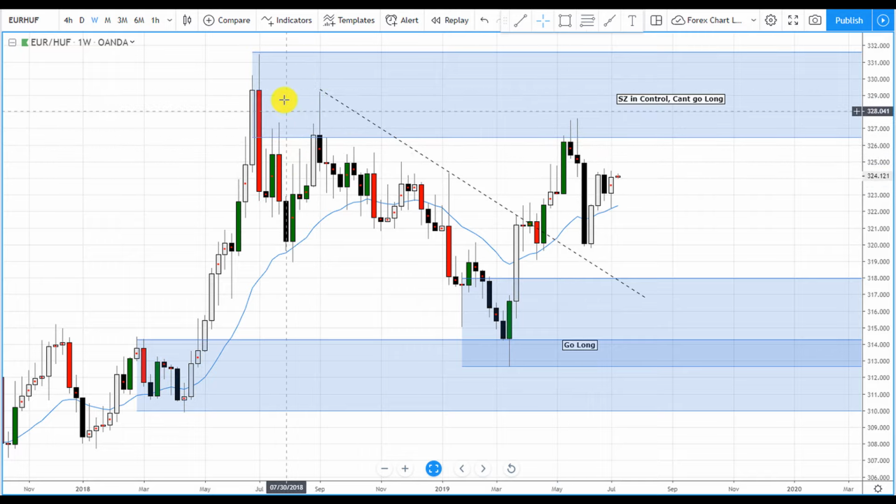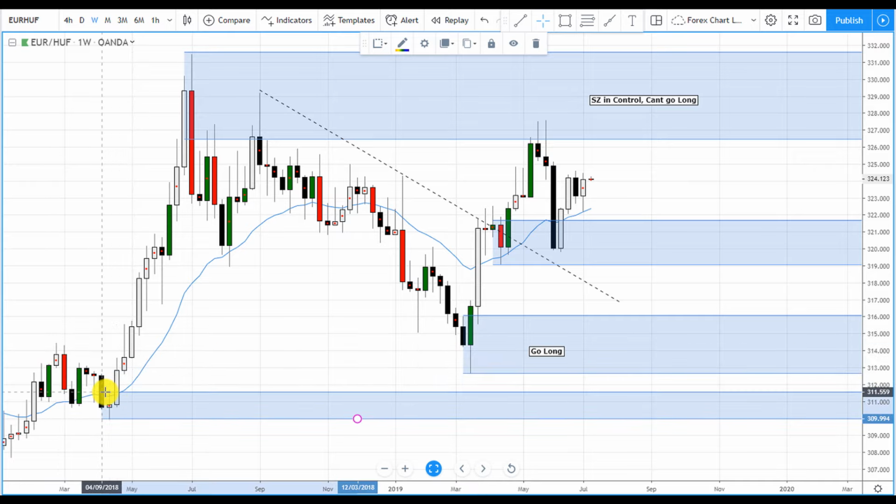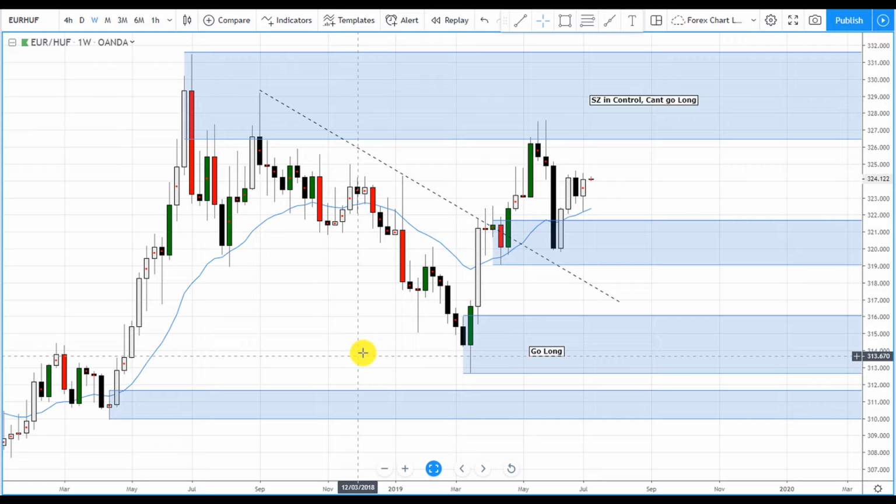We see there's a trend line here, and this is also a demand zone right here. I don't know why TradingView draws it like this, but okay.